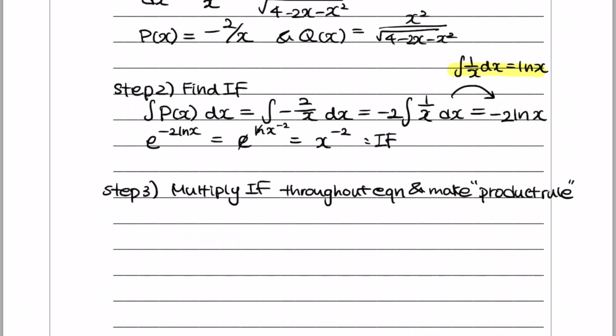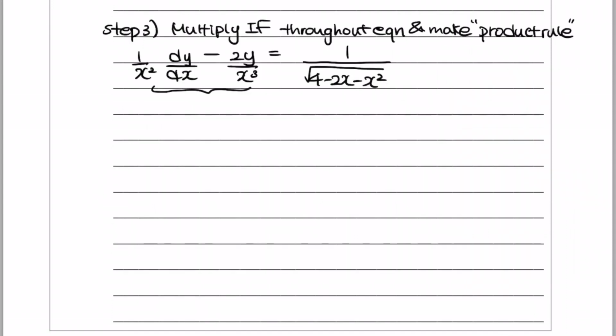And then step 3, we're going to multiply the found IF throughout the equation, the first equation we have. Then it becomes this. And if you check this left-hand side, it's actually the result of the product rule of d/dx of y times 1 over x squared.